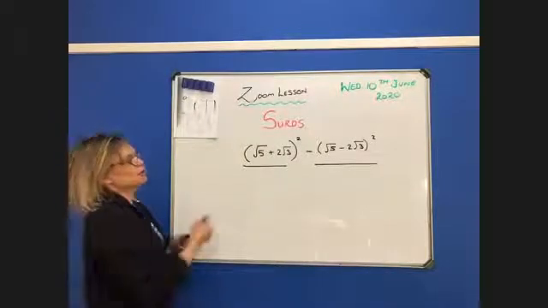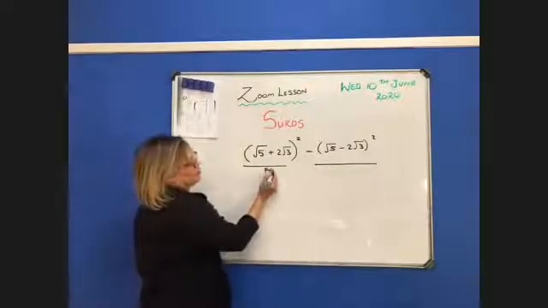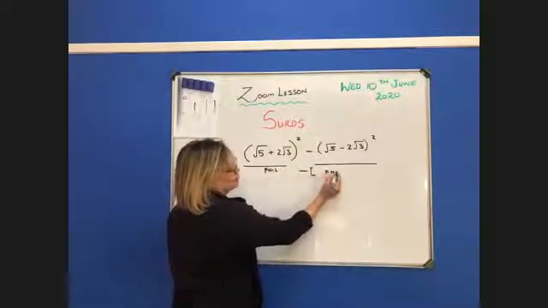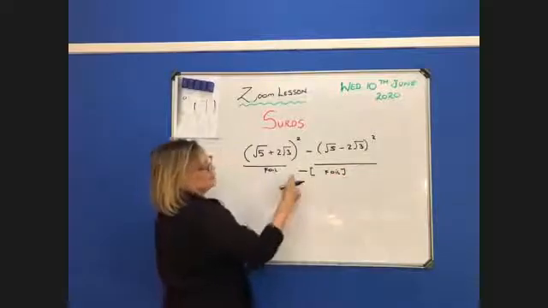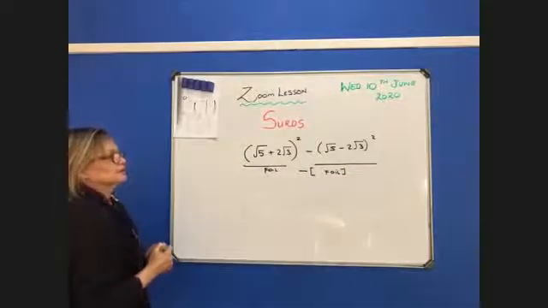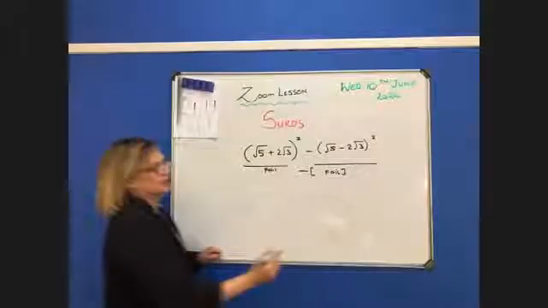I'll give you a clue. You have to do FOIL, and then you have to go minus and open a bracket and do your FOIL, and then distribute, and then collect your like terms.